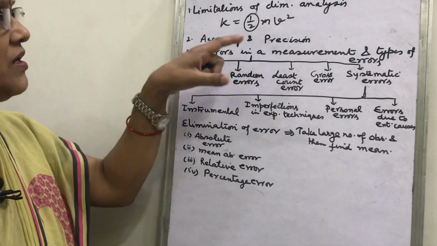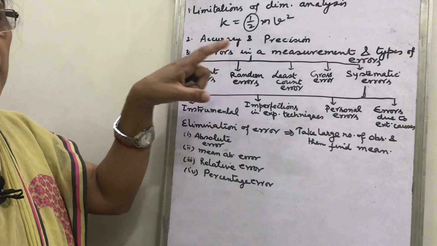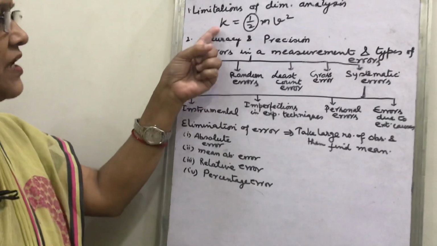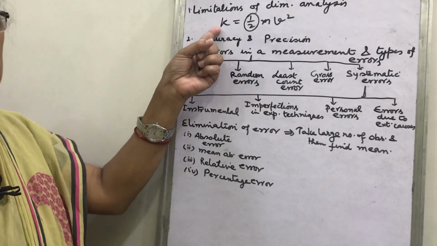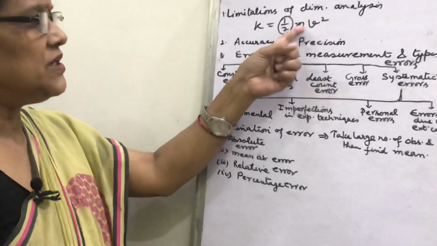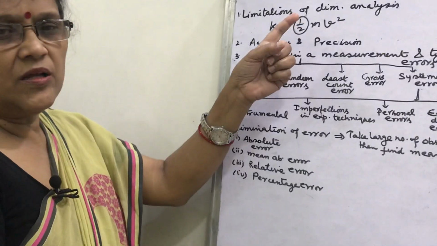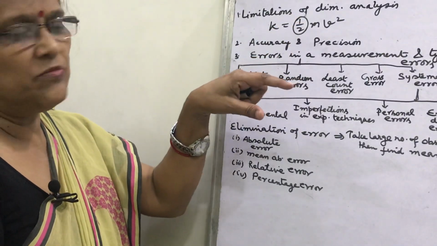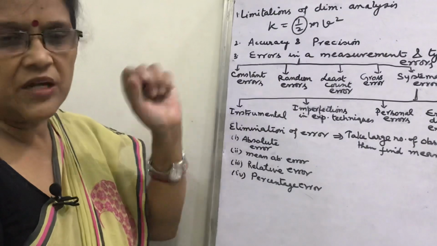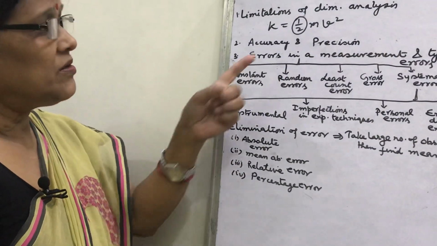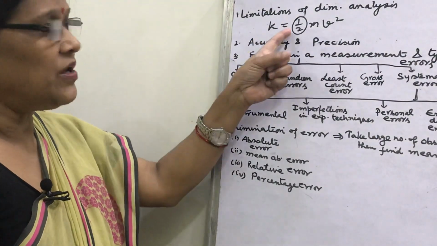We cannot derive a relation in which, if it is given that the kinetic energy of an object depends on mass and velocity, then derive the dimension with the help of dimension analysis. You derive this equation, but you can't get the value of half.